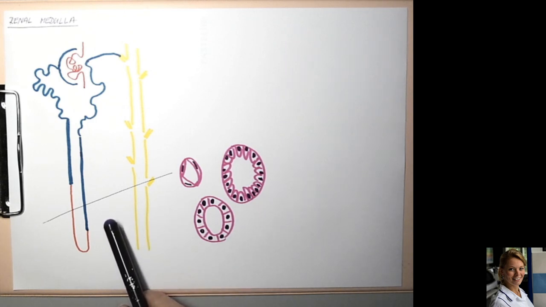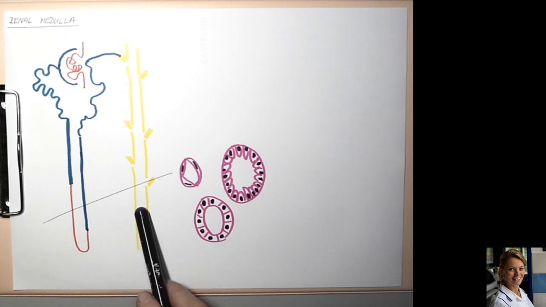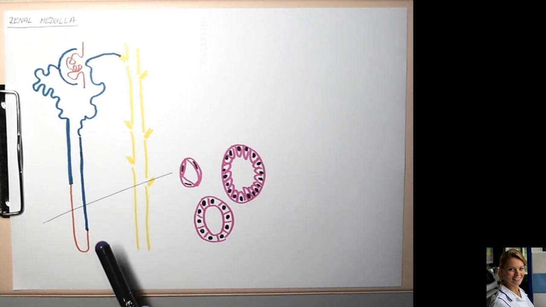Ions osmotically absorb water from the collecting duct, which is also located in the medulla, and this is the principle for producing hypertonic urine.